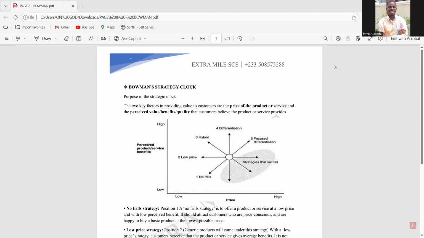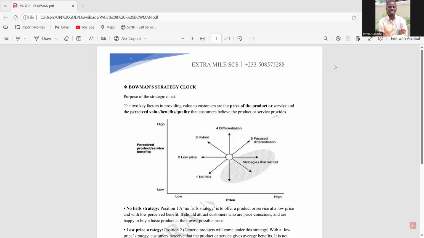Bowman is saying that there are other strategies that entities can employ. And so that will introduce us to the Bowman strategic clock. Now, what is this Bowman strategic clock all about?